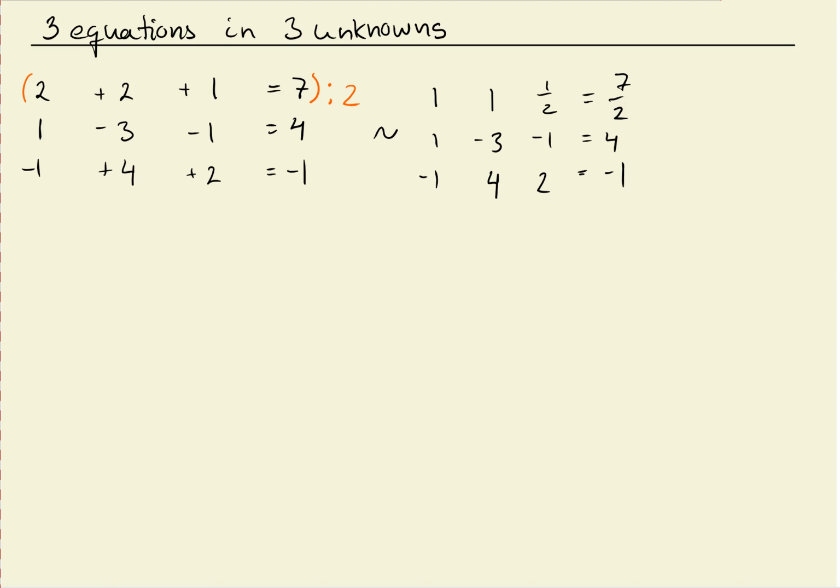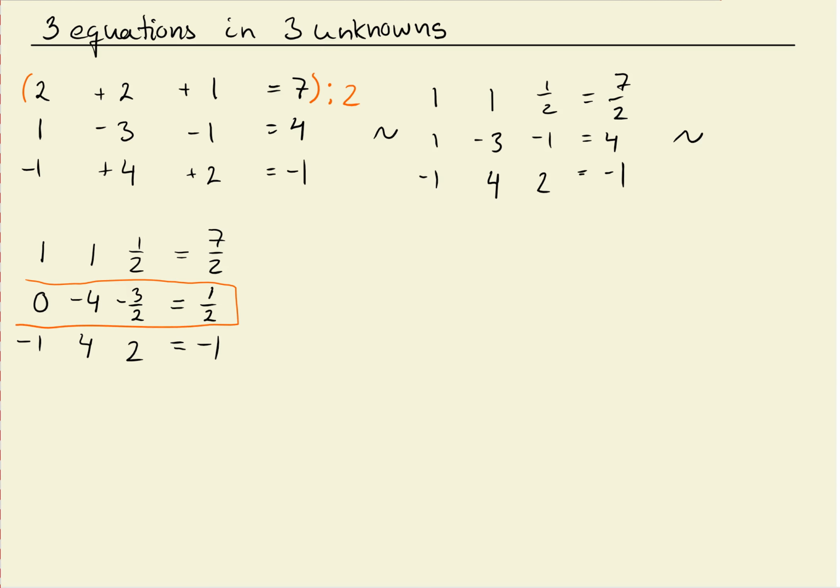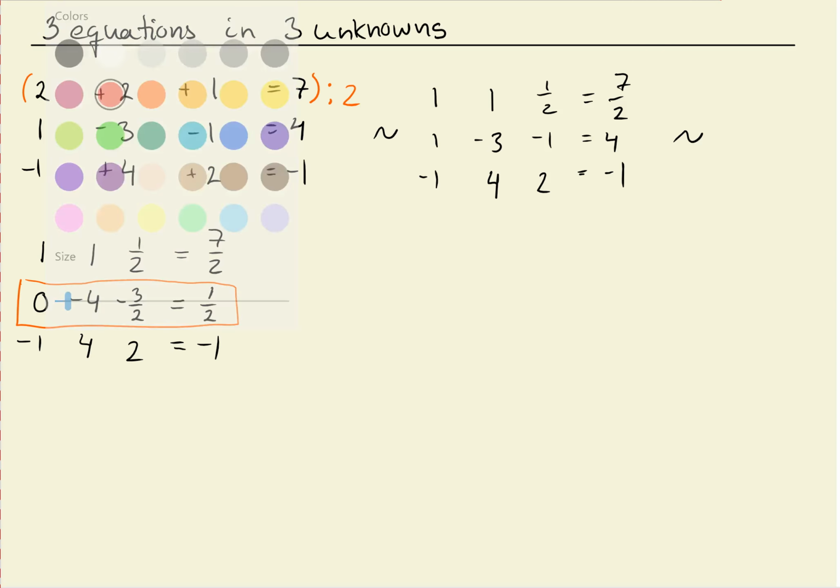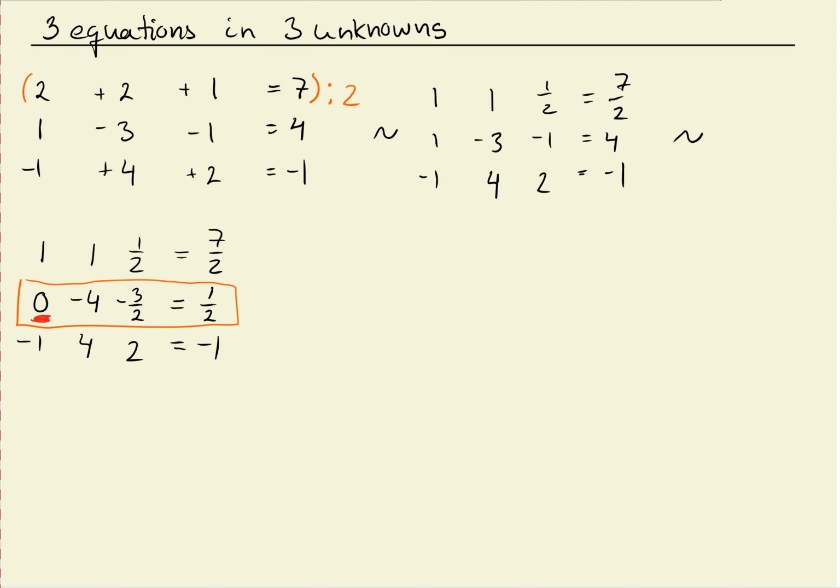So what I get when I do that is an equivalent system of equations which looks like this. And you can see I've modified this second row here by subtracting the first row from it. And this has given me what I wanted. That is a 0 right here.